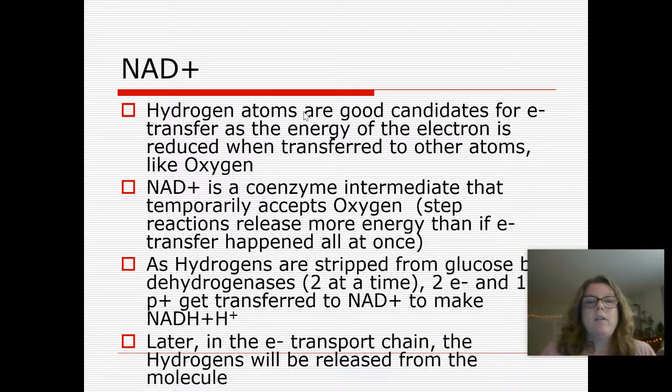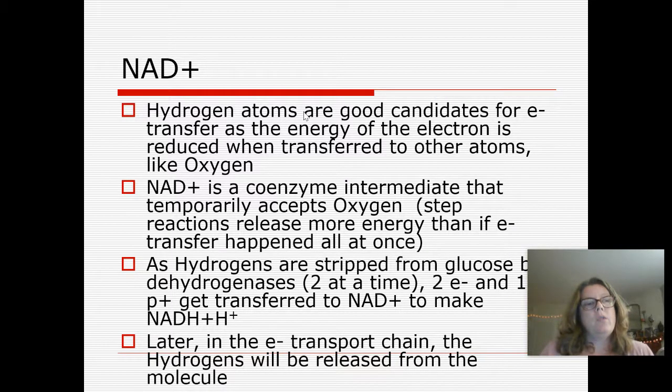And why hydrogen? Because hydrogen's tiny. We can bully it. We can beat it up and take its electrons away, and then we can give them back when we feel like it, right? It's real easy to take an electron from a hydrogen and to put it right back on when we want to. So we can kind of use that to move energy around for us in these processes, okay?